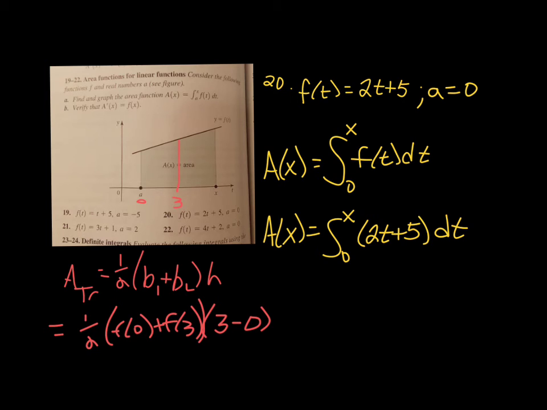Okay, so then what we would be saying is that our area, if that was the case, would be 1/2. We're plugging in 0 here. So 1/2 of 5, that's f of 0, plus f of 3, right? That'd be 611 times 3.